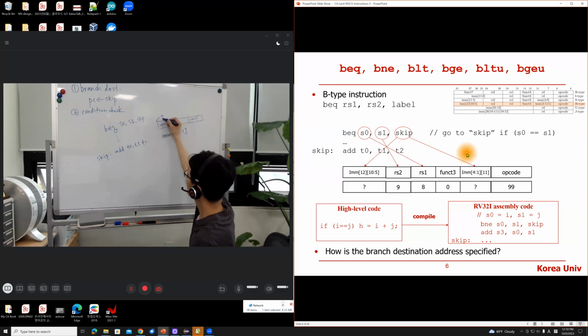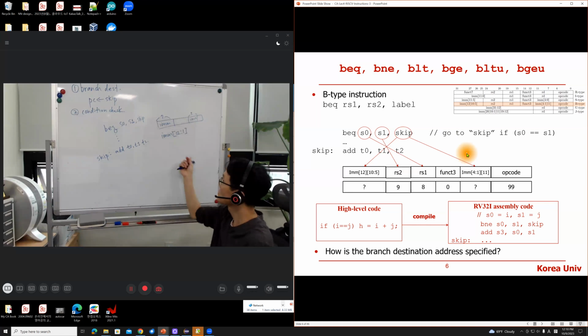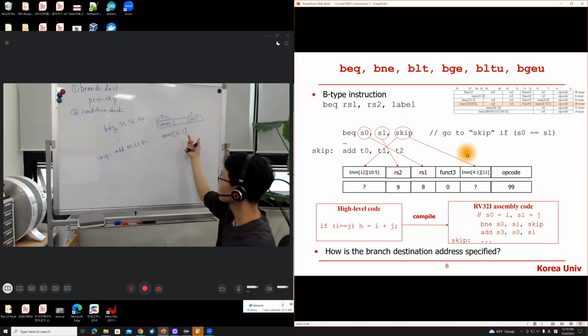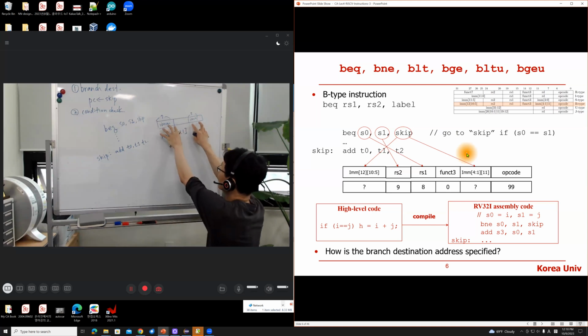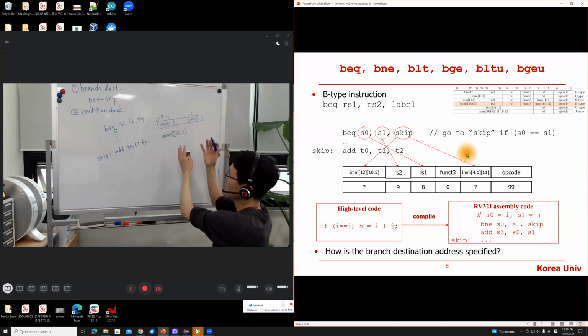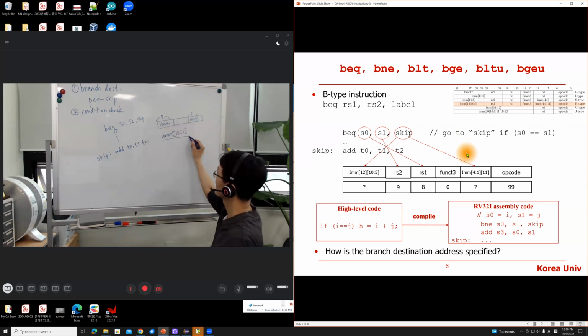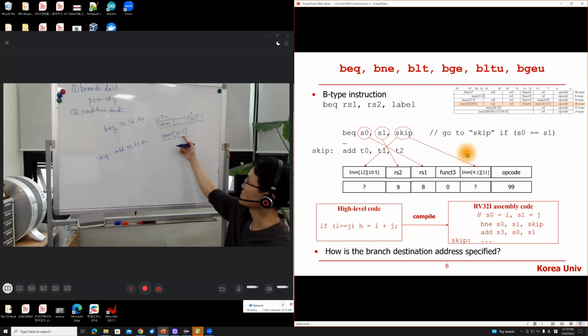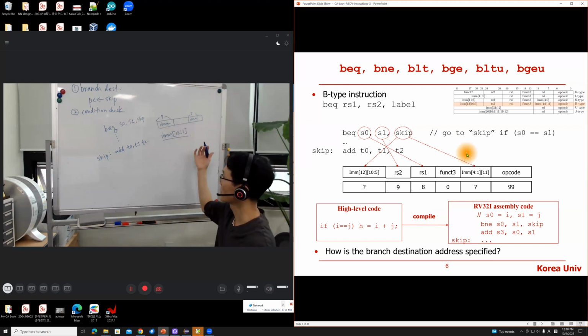Here, I think 7 bits, here 5 bits, right? So when you design hardware, a CPU, you have to take out this 7 bit and 5 bit, and rearrange them to make it neat and nice like this. So rearrangement is very easy, right? It's just wiring in the right way.